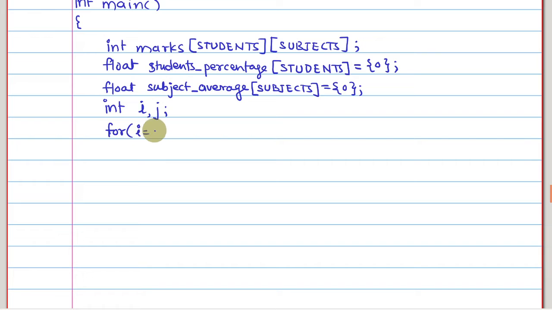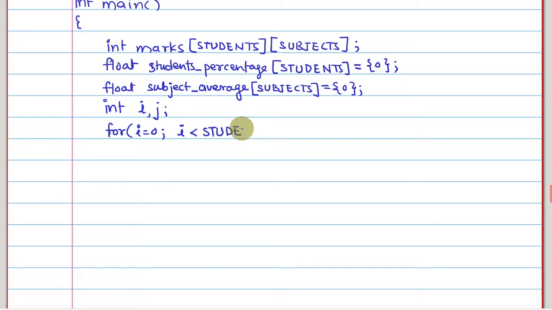For i equal to 0, the outer for loop will scan marks of students one by one. One iteration of the outer loop will scan marks of one student. The second iteration of the outer loop will scan marks of the next student, and so on, right? So it should iterate how many times? Same as the number of students we are considering.